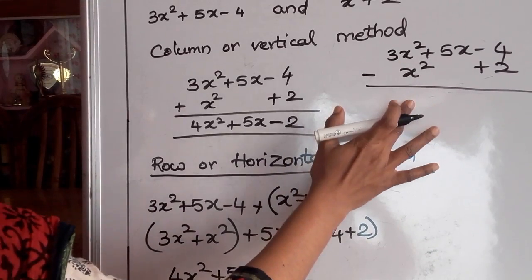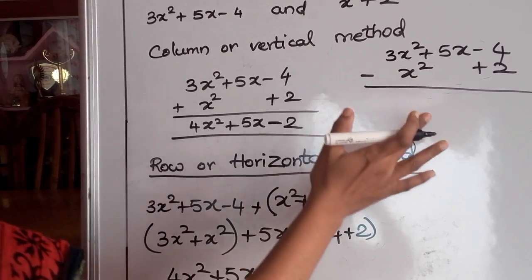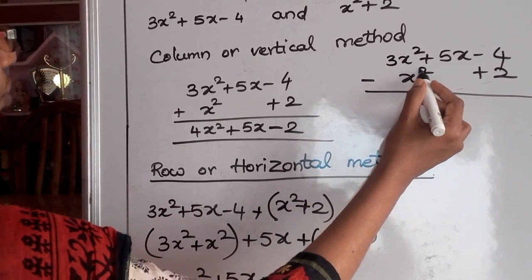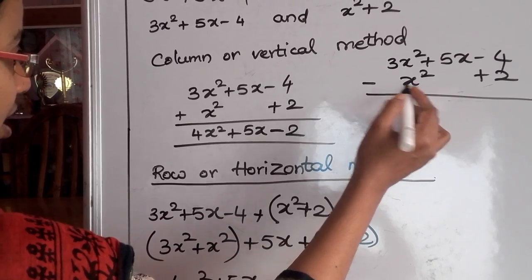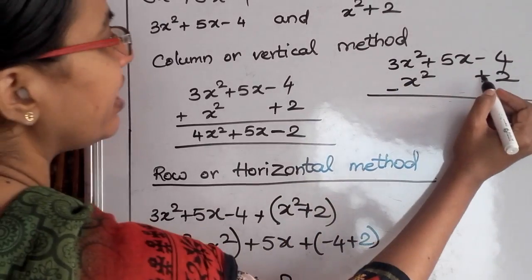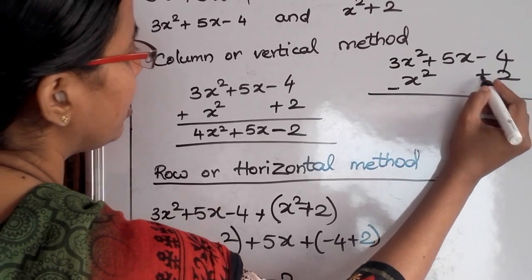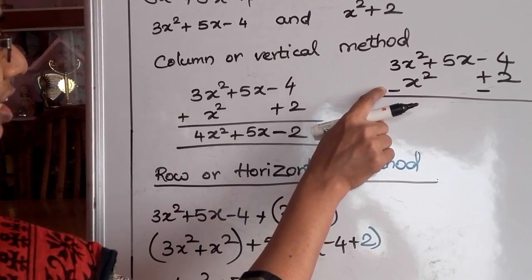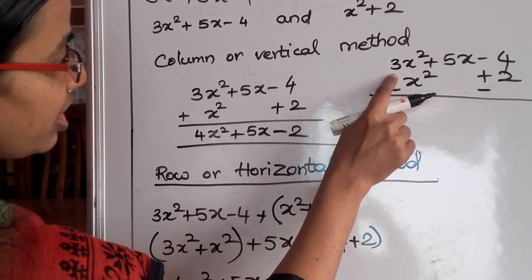Whenever we are subtracting two expressions, always take the opposite sign of the term here. Now for x square it is plus x square, but when we subtract, this becomes minus. And here plus 2 is there. When we subtract it becomes minus. So when you are using this, we are not going to see the original sign.